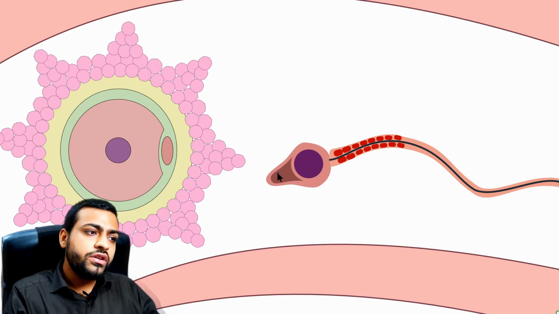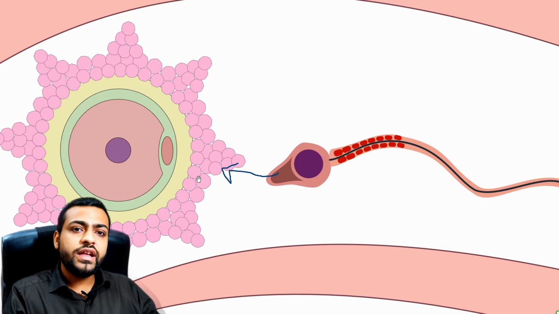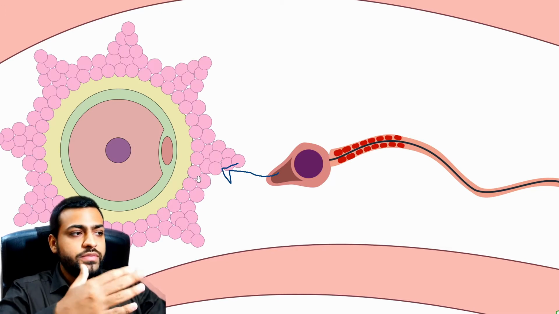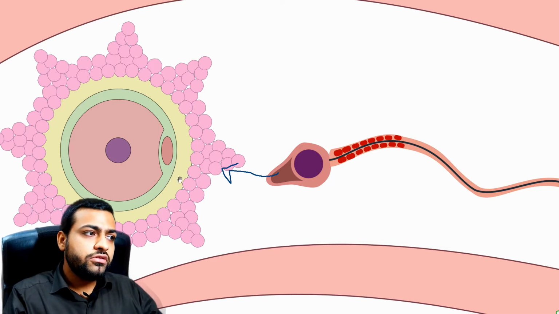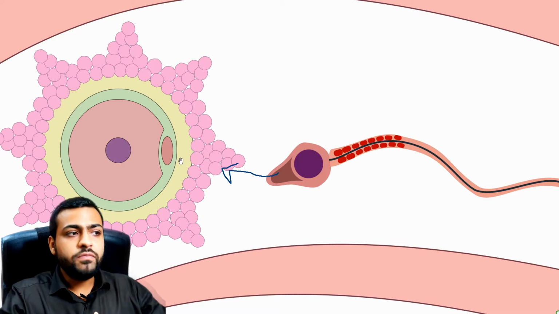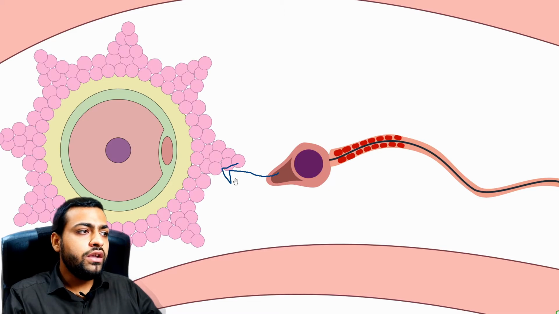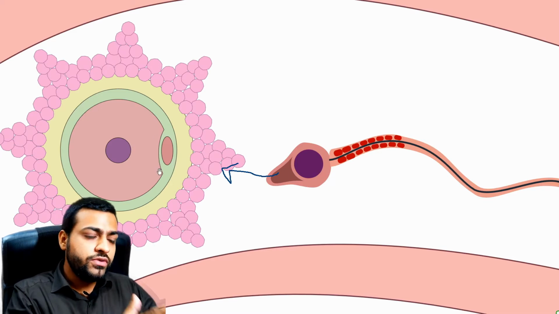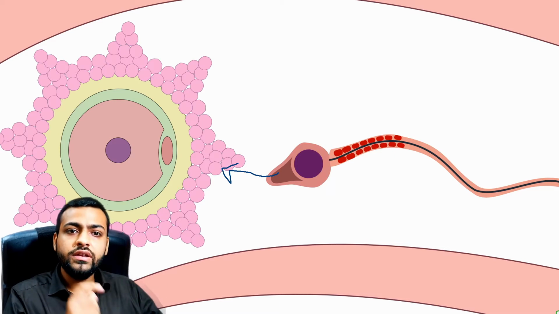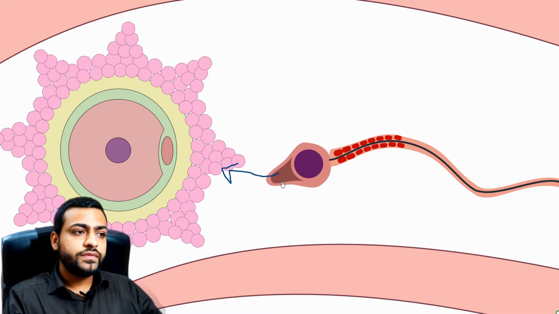When these proteolytic enzymes are released here, these follicular cells separate from each other, and the zona pellucida breaks open, right? In this way this acrosome helps to pave the path for the sperm to fuse with the membrane of the oocyte and to transport the nucleus, right?